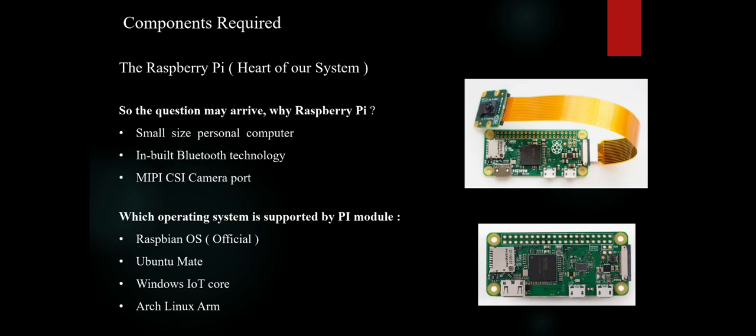Components we require in this project. The important component would be a Raspberry Pi as a processor of our model. We chose Raspberry Pi because it has a powerful CPU and is very compact, and it supports wireless communication as well.